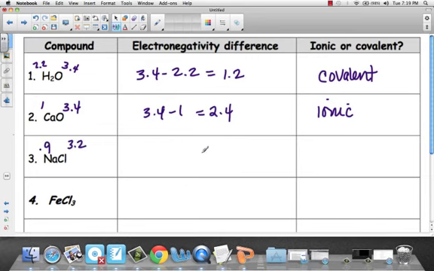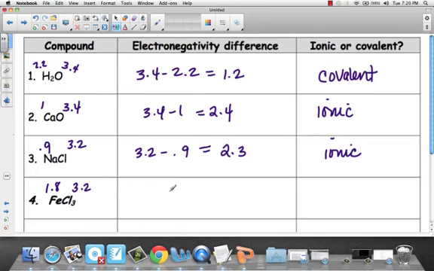So you've got 3.2 minus 0.9, which is going to give you 2.3, and that's definitely ionic. Metal and nonmetal.